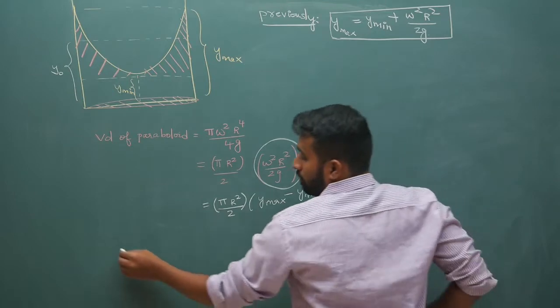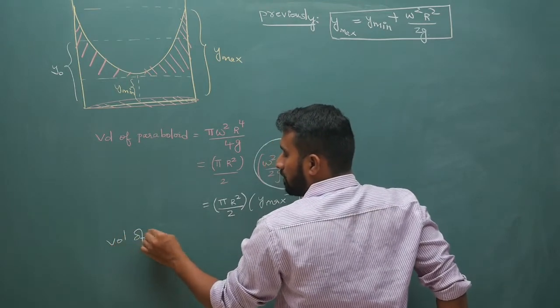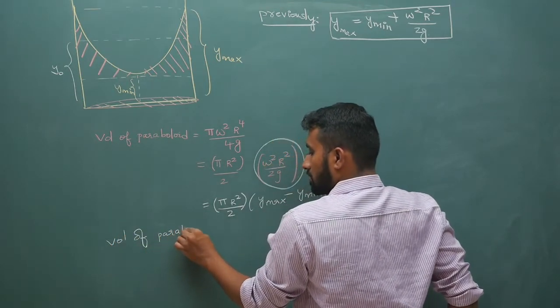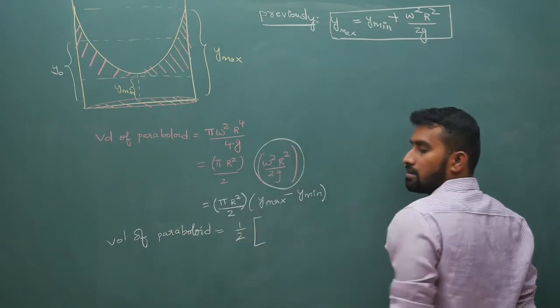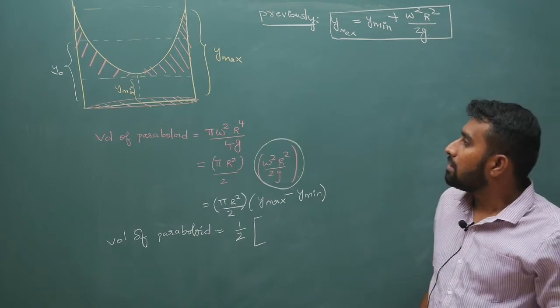So your volume of paraboloid is half of this cylinder.